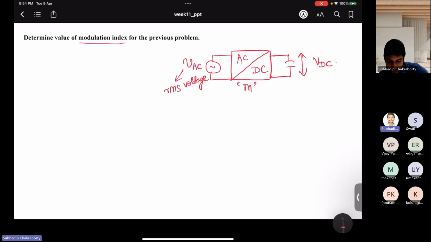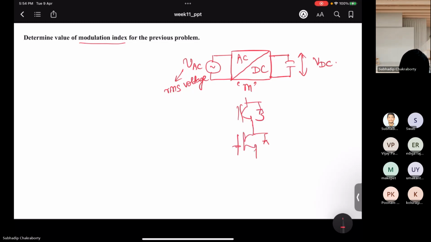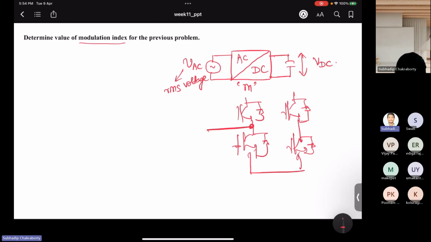If you have some switches, you tap this voltage and another link voltage, and then you have some DC link voltage available.